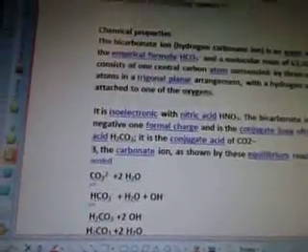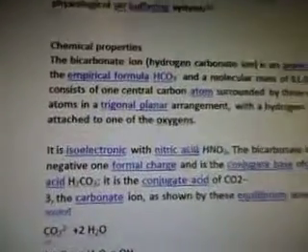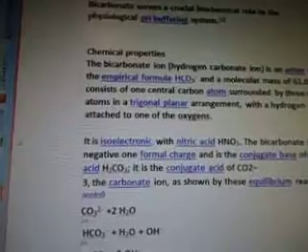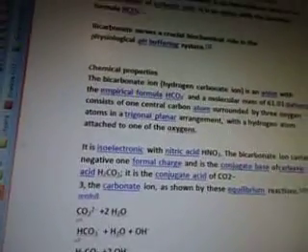The chemical properties: the bicarbonate ion, hydrogen carbonate ion, is an anion with the empirical formula HCO3 and a molecular mass of 61.01 daltons. It consists of one central carbon atom surrounded by 3 oxygen atoms in a trigonal planar arrangement with a hydrogen atom attached to one of the oxygens.